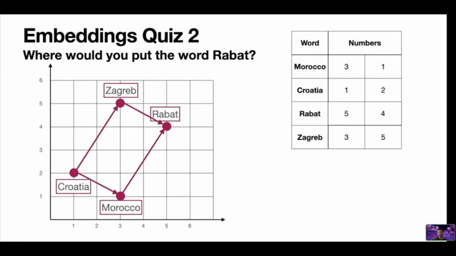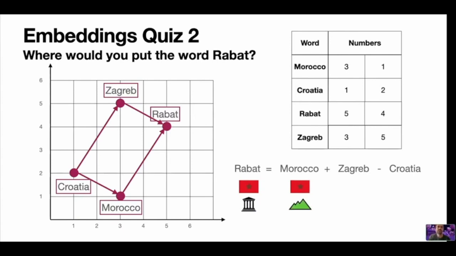So this captures analogies, and it also captures small mathematical equations, like Rabat equals Morocco plus Zagreb minus Croatia. Why? Because the computer starts understanding what things mean. Let's say the computer understands Rabat as Morocco and capital, Morocco as Morocco and country, Zagreb as Croatia and capital, and Croatia as Croatia and country.